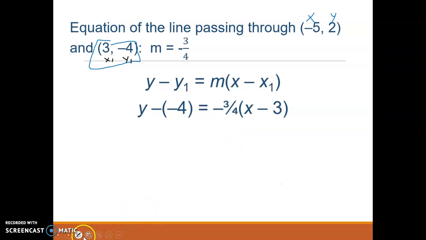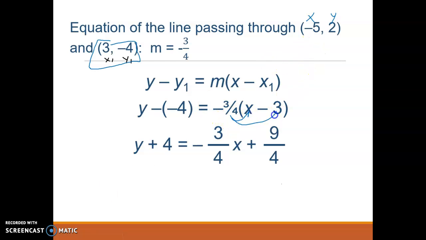At this point, we do need to use the distributive property to simplify. So we get y plus 4 equals -3/4 x plus 9/4. Don't forget, when you multiply these two negatives, you do get a positive. We still haven't finished yet because now we need to get this +4 gone so that y is just by itself.